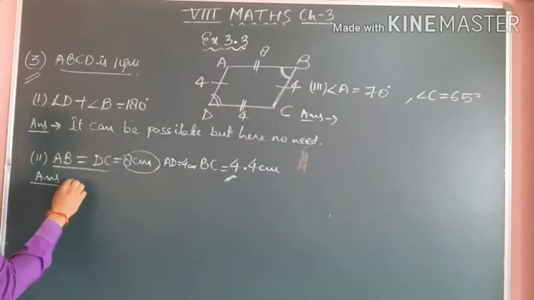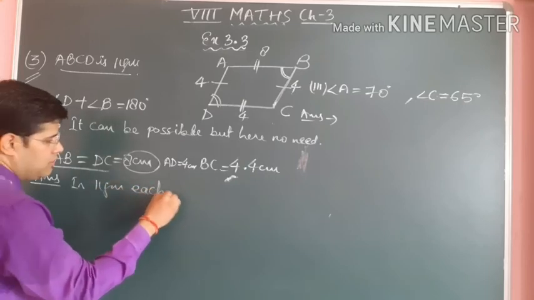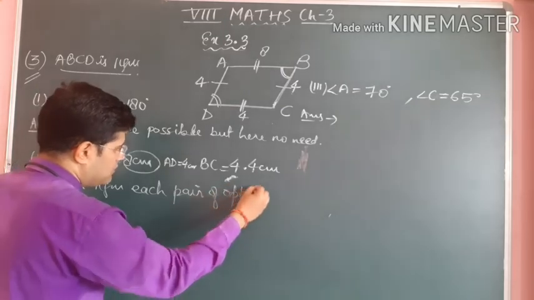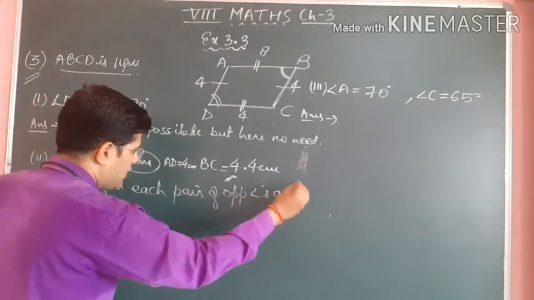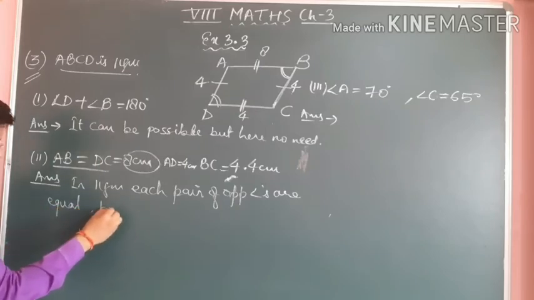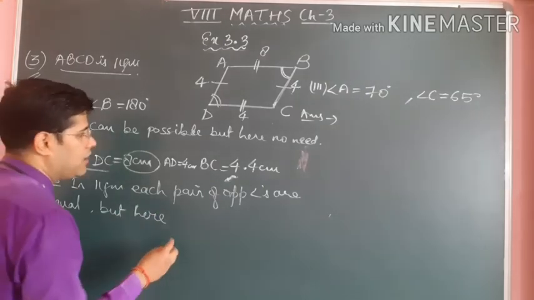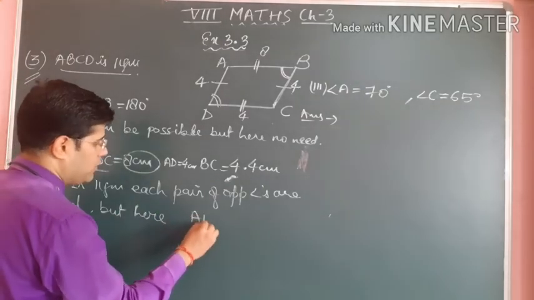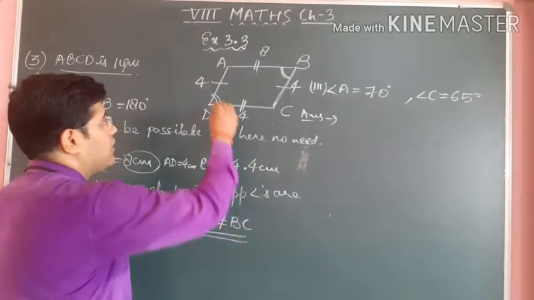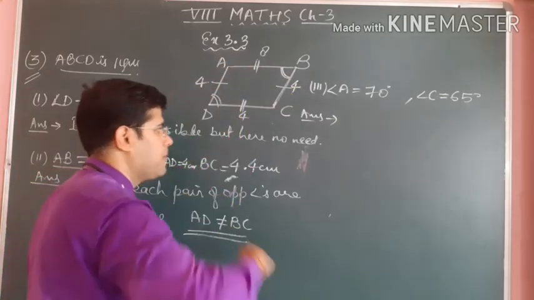So in a parallelogram, each pair of opposite angles are equal. But here you have to write why this is not possible: AD is not equal to BC.